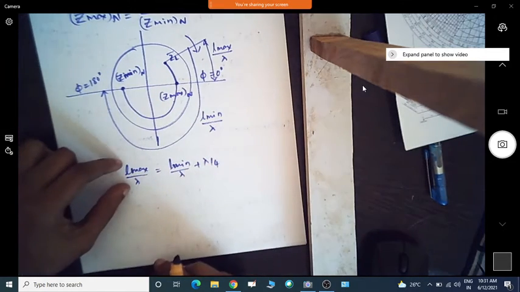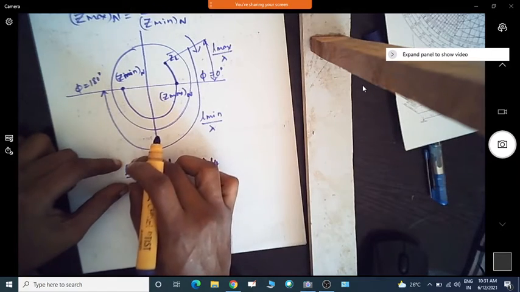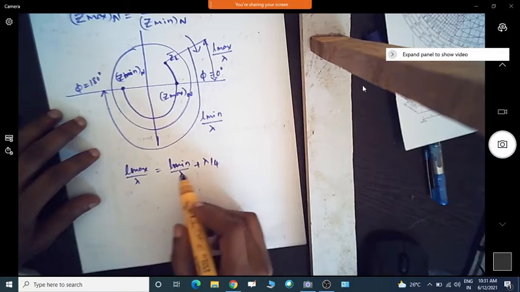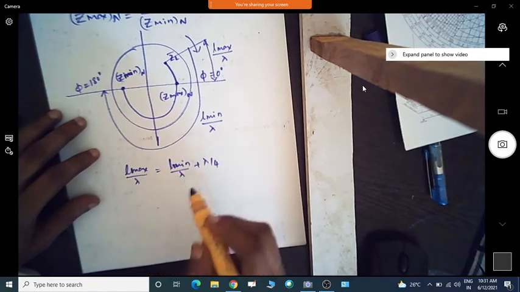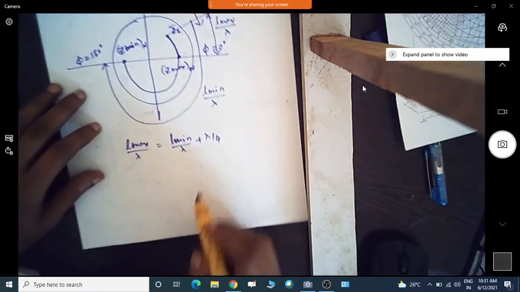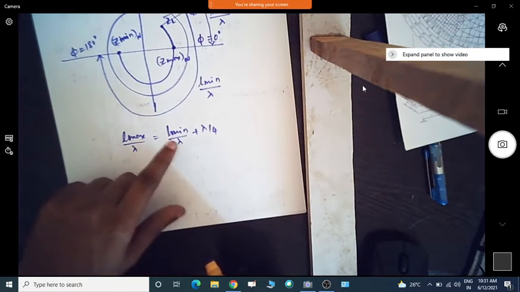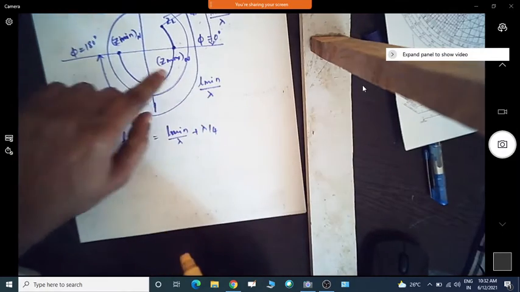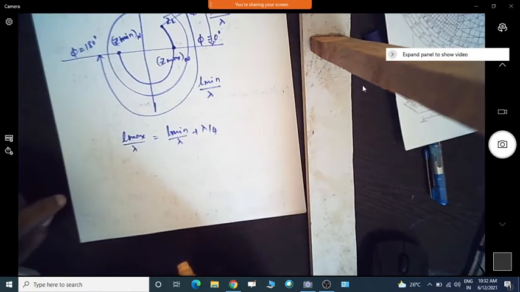Once we know L max, we can directly find L minimum by adding lambda by 4 to it, or if we know L minimum, we can directly add lambda by 4 to it and find L maximum. So this is how we can find Z max and Z min.